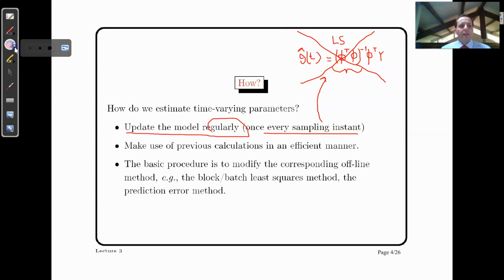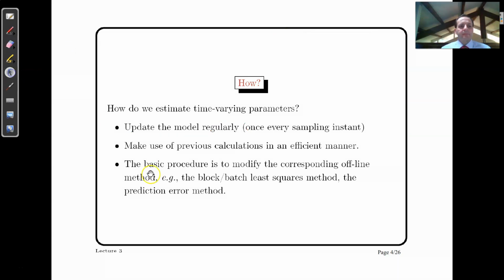So the solution, in fact, is to make use of the previous calculations in an efficient manner. The recursive least square is based on a procedure which modifies the offline method.